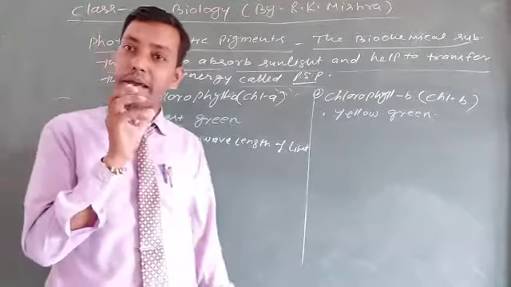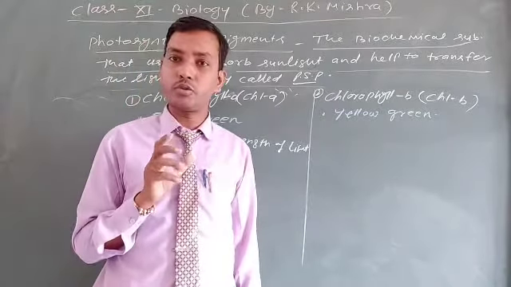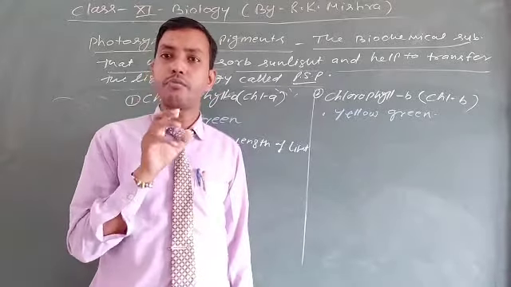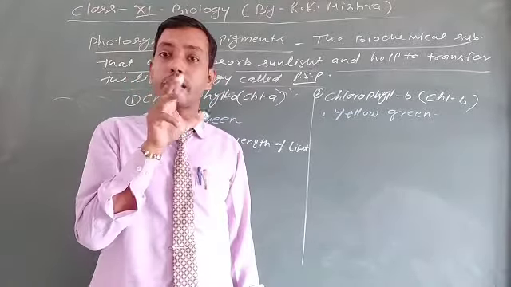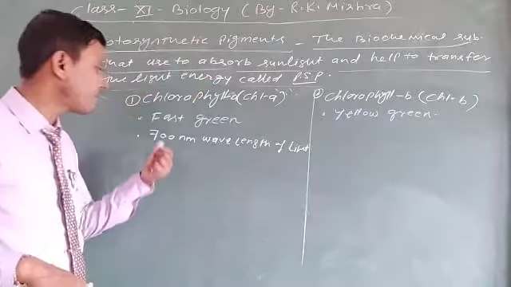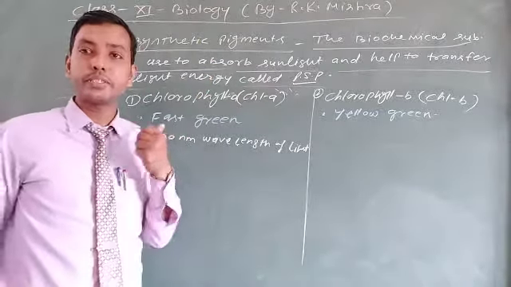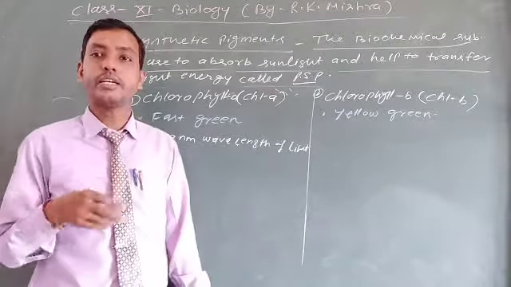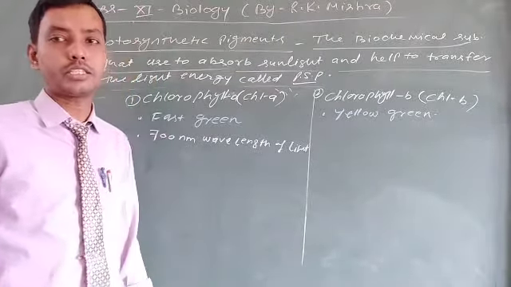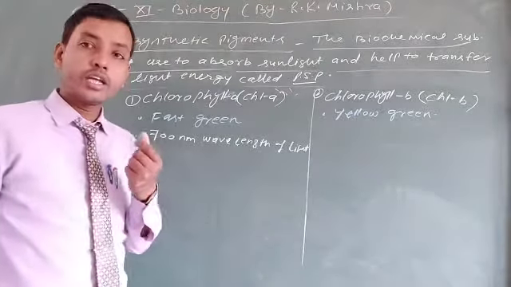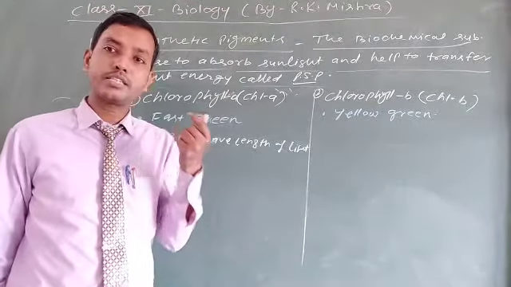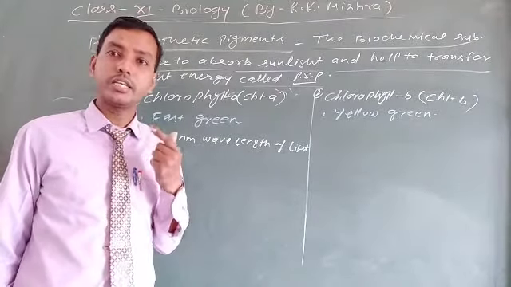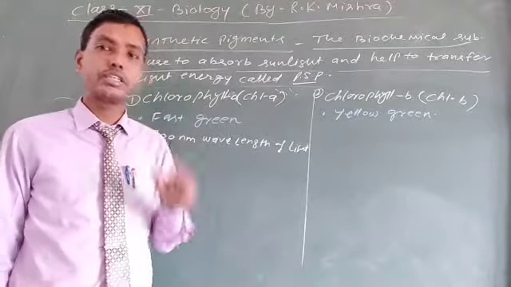The sunlight has packets of light energy that are known as photons, which you have learned in physics. But in the photon, different wavelengths of rays are available, represented in nanometers, and they may be 700, 600, more than 700 or less than 680. So in higher plants only 680 and 700 nm wavelengths are required. The range of light intensity in higher plants is 680 to 700 nm.